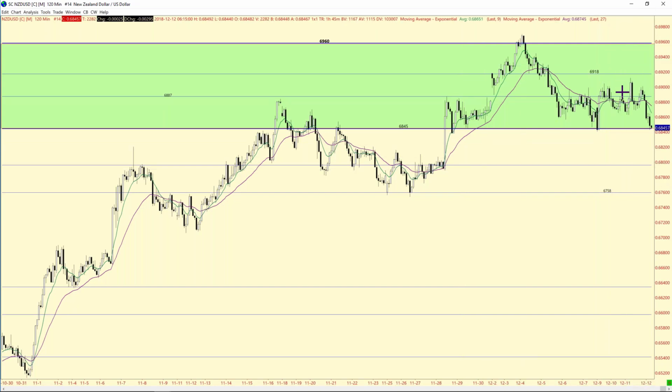On the upside, well, that's going to have to be lowered here as we're having a little bit of trouble here. That would come in at 69.04, 69.05. We'll lower the upside resistance a bit.